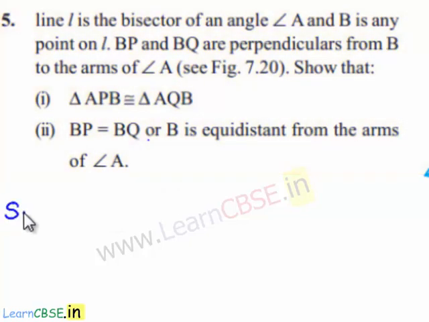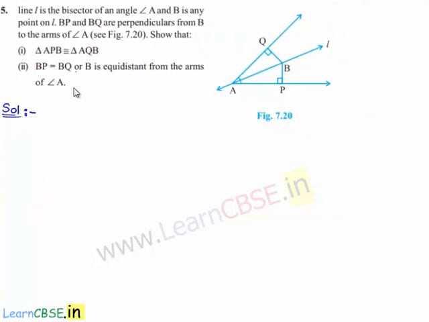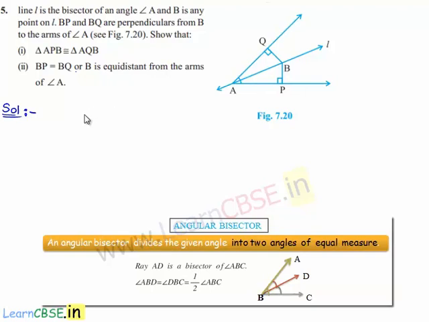Now moving on to solution, he says that L is bisector of angle A. That means, given that L is bisector of angle A, angle QAB will be equal to angle BAP.